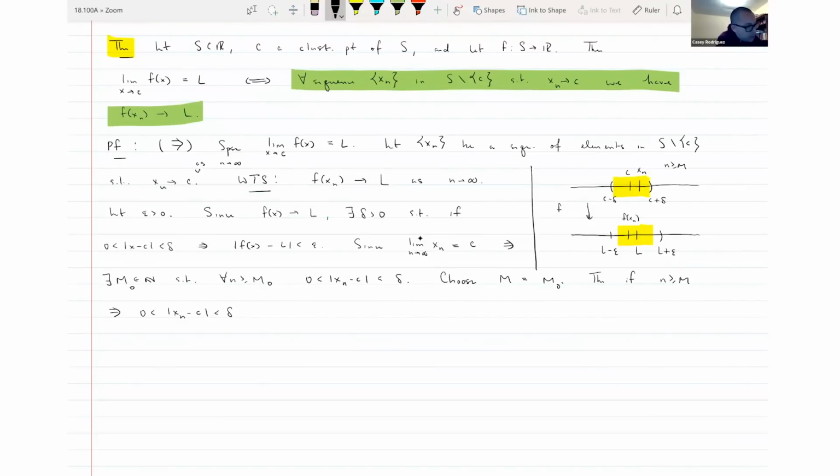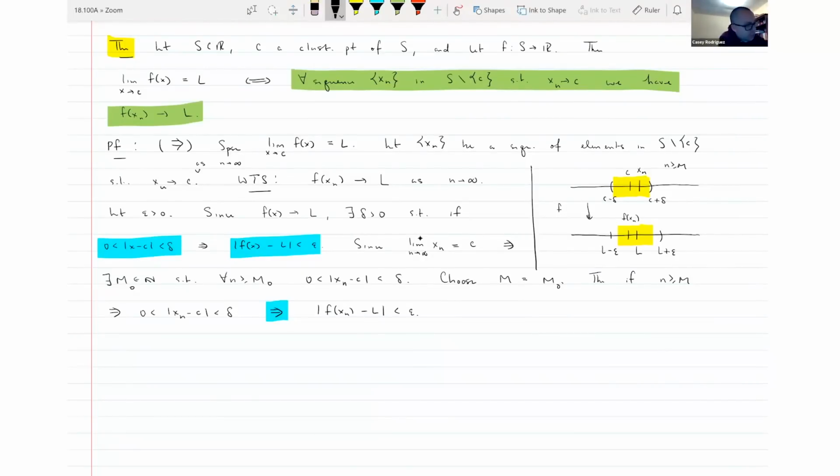That means it falls in the yellow highlighted part in the first number line, which implies, using what's highlighted in blue, the content of this implication, that the absolute value of f of x_n minus L is less than epsilon.